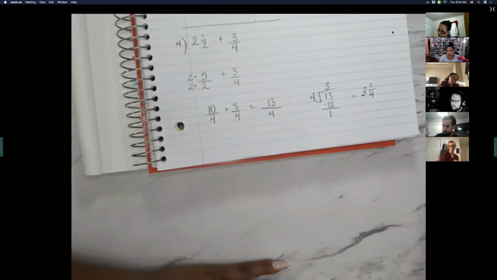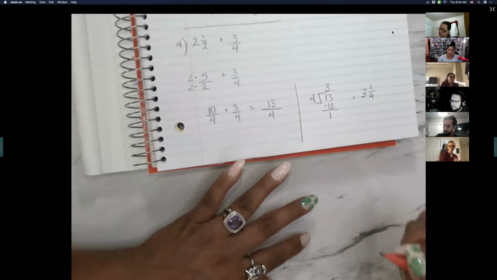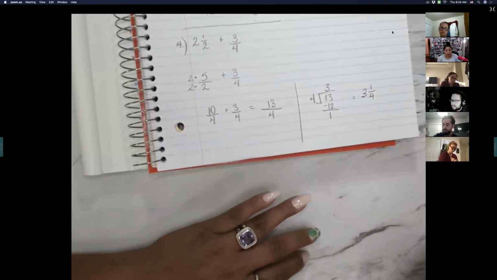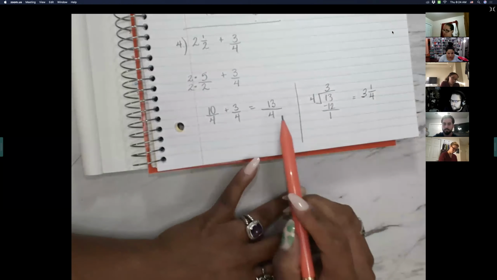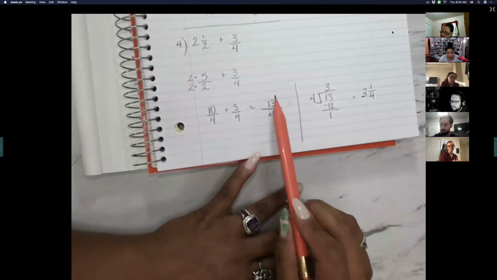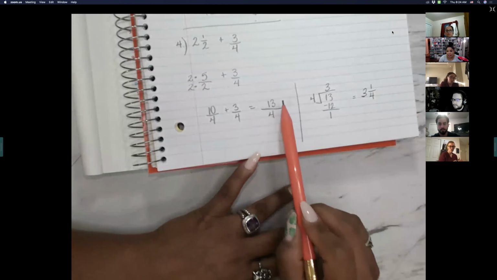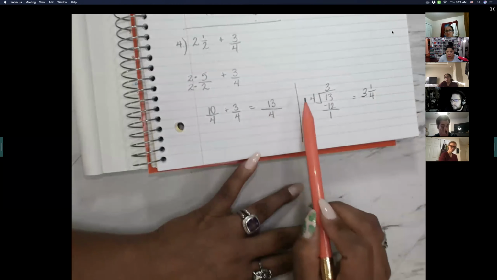So let's be careful that we're being clear and understanding what the terms mean. If I want to reduce this, I have to be able to divide both the numerator and the denominator by the same number and get a whole number out.